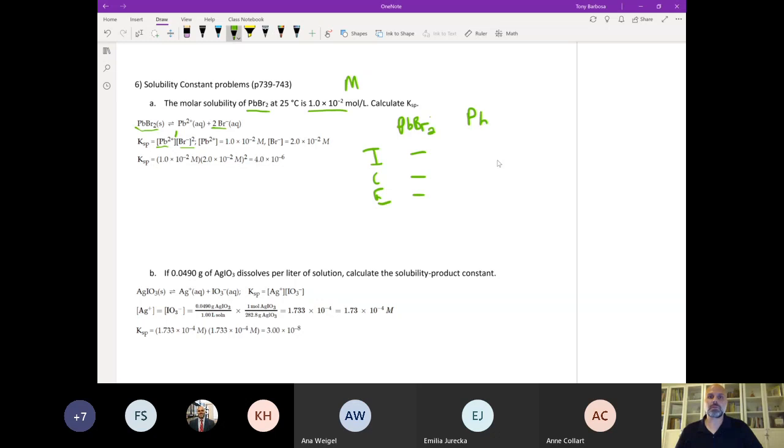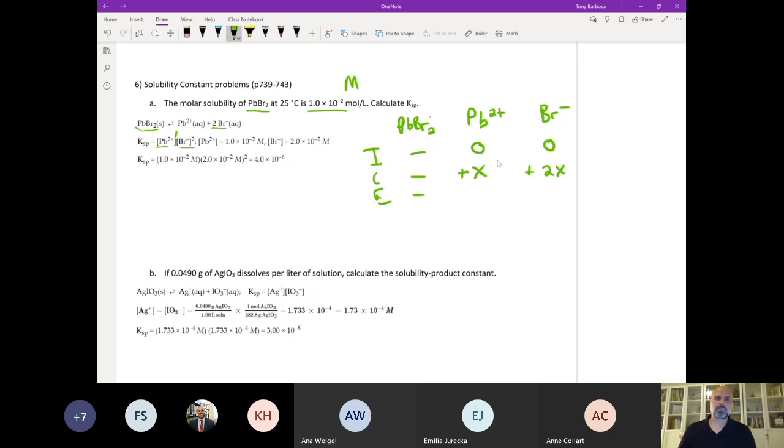So we have our ice table here. We have our lead 2+ ions, and then we have our bromide ion here. We can see that initially we have 0 of the lead and the bromide. When we dissolve the lead bromide in solution, we're going to see an increase of X for lead, and an increase of 2X for bromide.